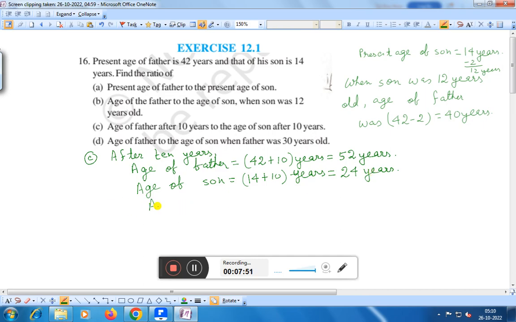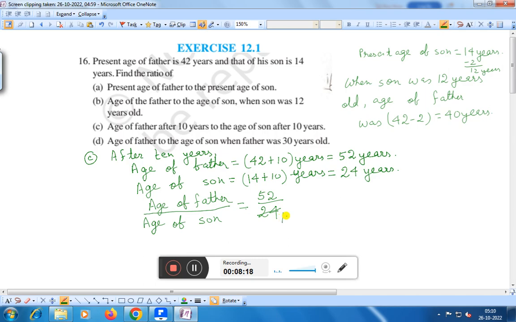Now, the ratio of the age of father to the age of son. Age of father will be 52 years, and age of son will be 24 years.